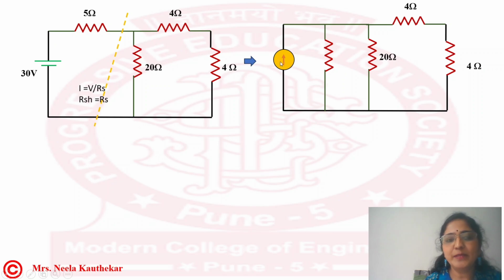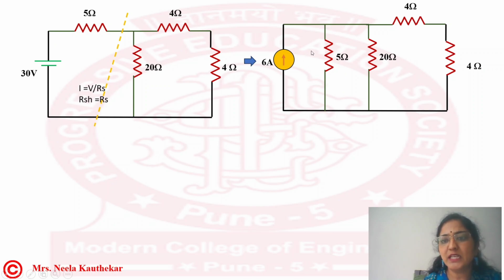So here what will be the value of I? 30 by 5, that is 6 ampere, and RSH is equal to RS, that is 5. So this circuit I have converted to this circuit using the source transformation method. This is the first step.